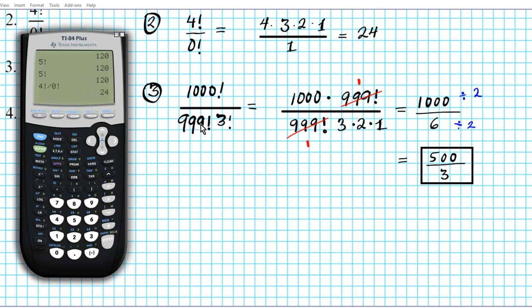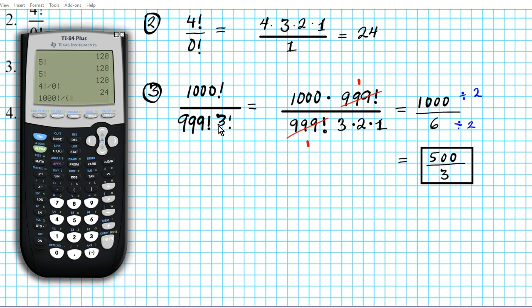We're going to go over the correct way to enter it and go over some potential problems you can encounter when carrying out factorial calculations on big numbers. So to enter this, you are going to type 1000 factorial, which is math, probability 4, divided by, now since you have a product of two factors in the denominator, you have to group them in parentheses, or else your calculator will think that the first one is the denominator and the second is in the numerator.